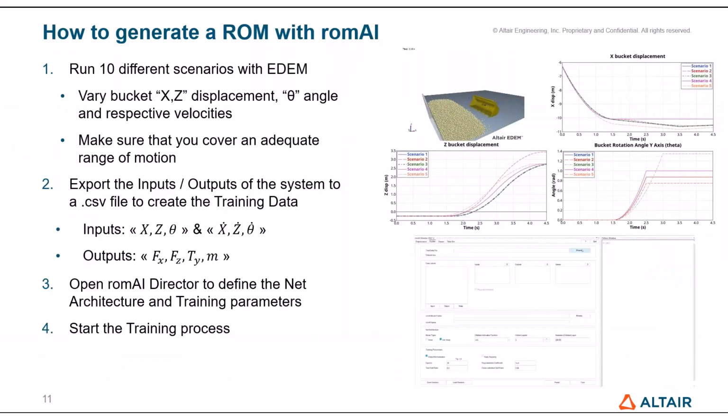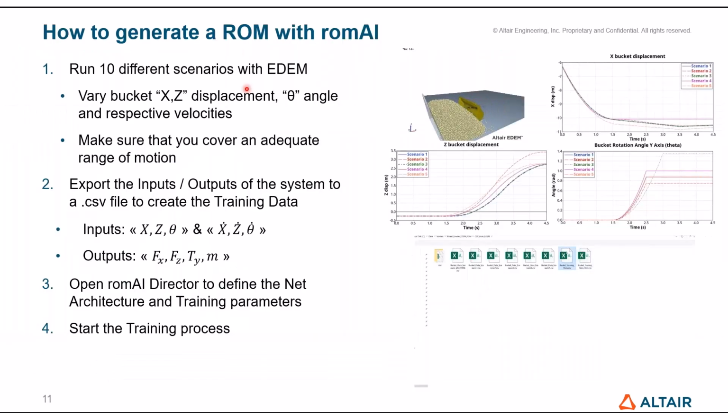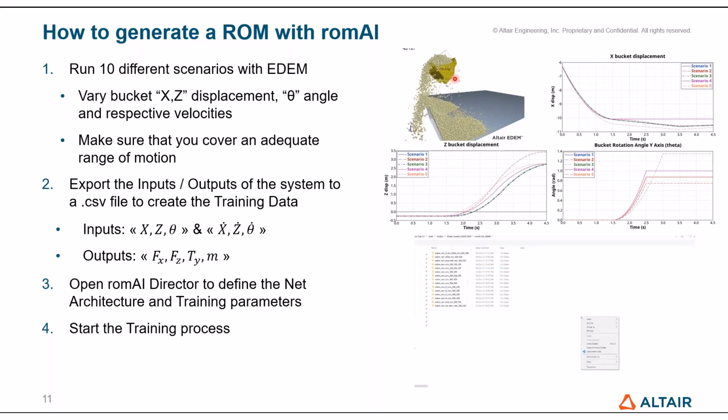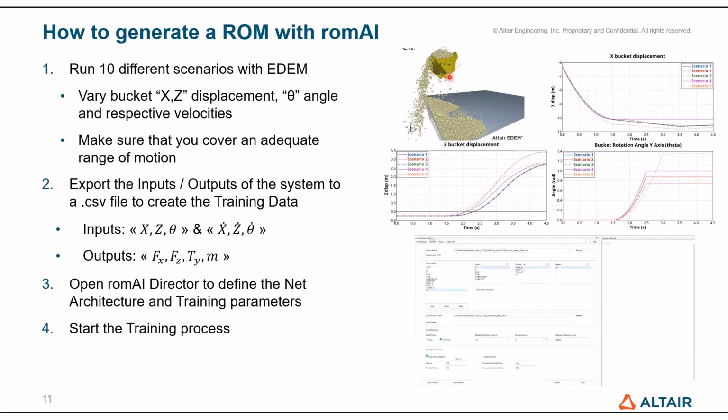Next, I'll show how to generate this ROM, the reduced order model. Initially you would need training data from EDEM, and you will run 10 different scenarios; this is the simulation that we want to couple with MotionSolve. So you create different scenarios with different Z bucket displacements and X bucket displacements, and run all of those.